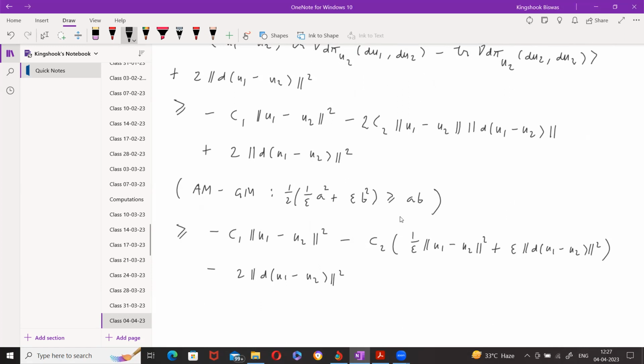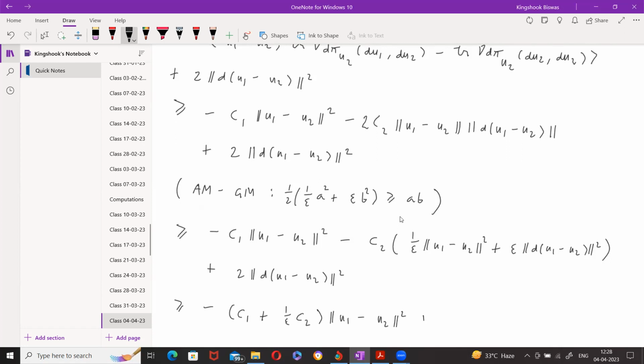I can put together that term with this epsilon norm d of u1 minus u2 squared. So this is greater than some other constant, minus C1 plus 1 over epsilon C2, norm u1 minus u2 squared.